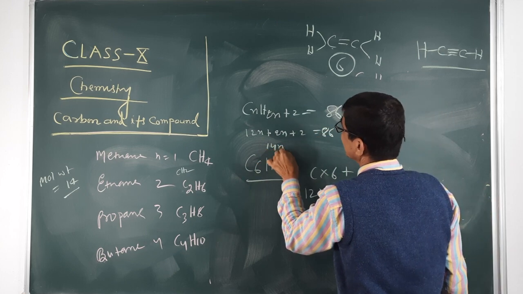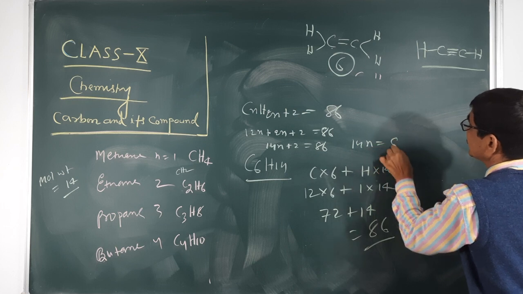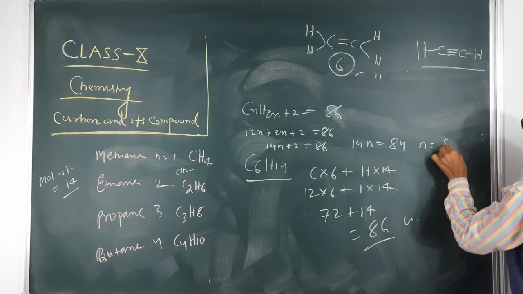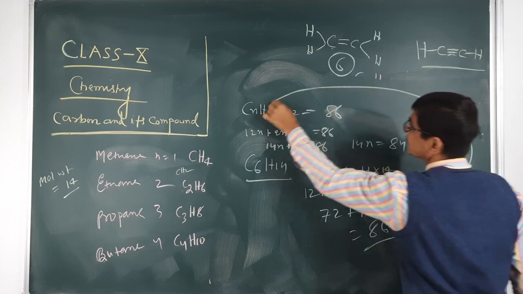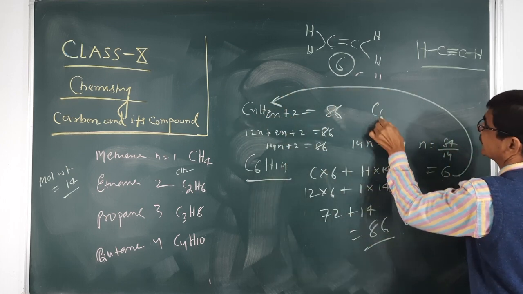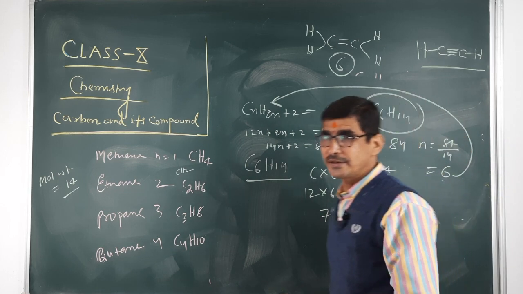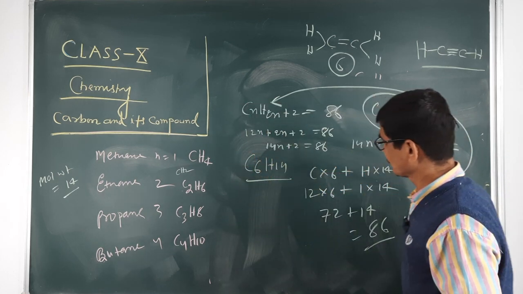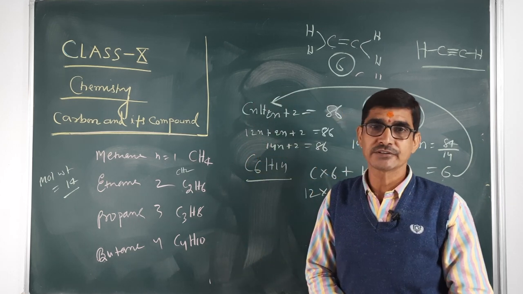So 14n plus 2 equals 86. 14n equals 84, n equals 84 by 14 equals 6. Now put the value 6 in this formula, then we get C6H14. So this is a way for calculating the molecular formula. Now thank you. We will continue in the next class again.